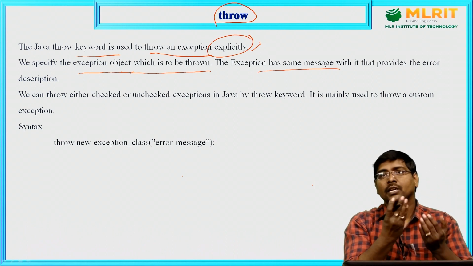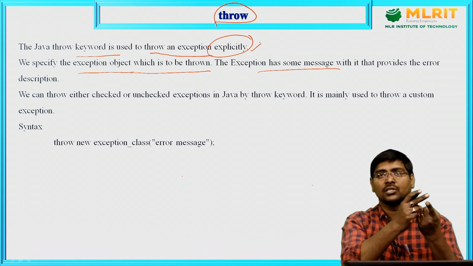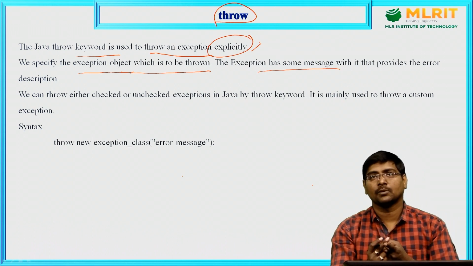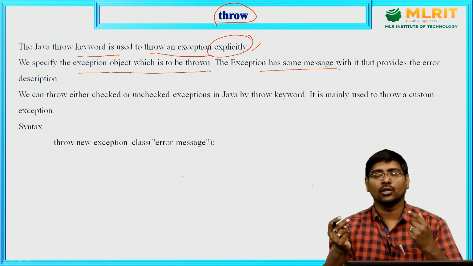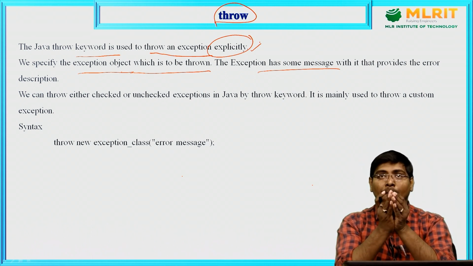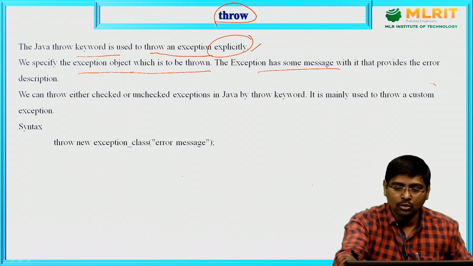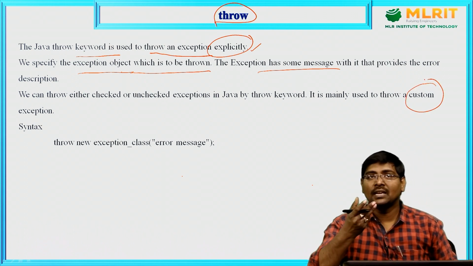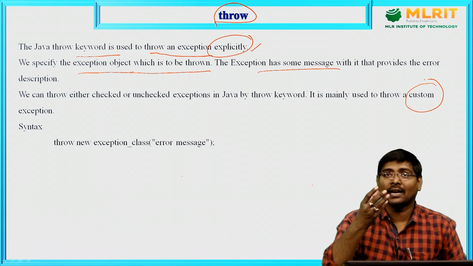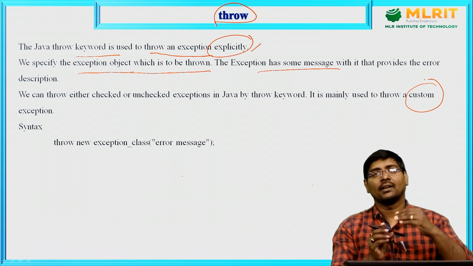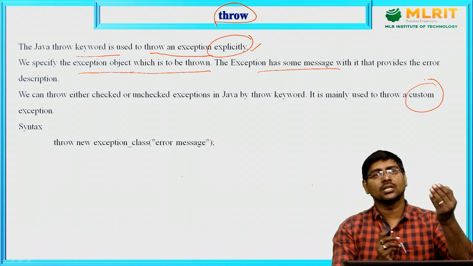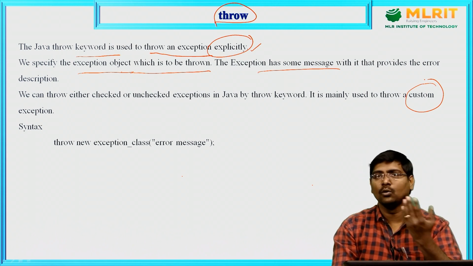Generally there are two types of exceptions, checked exception and unchecked exception. Throw is used with both checked and unchecked exceptions, but mainly throw is used for user-defined or custom exceptions. Why? Generally, all the predefined exceptions are thrown automatically. You are not doing anything.